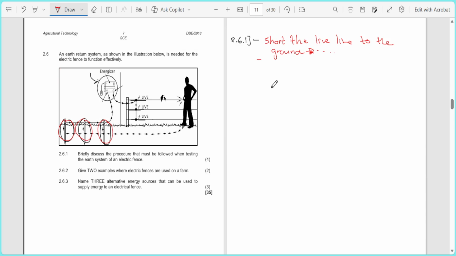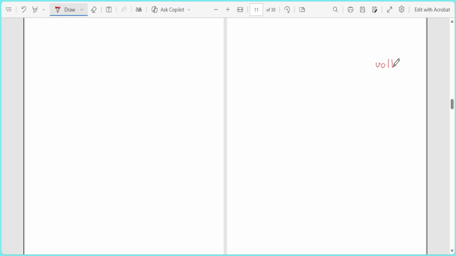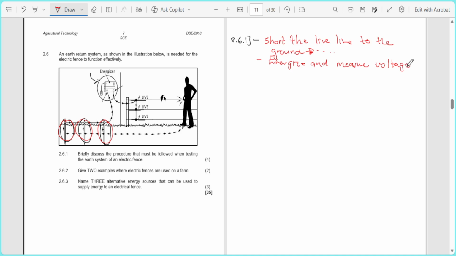All right. So next would be to energize and measure the voltage after grounding. Now this would involve using a voltmeter between the ground and the ET spikes.